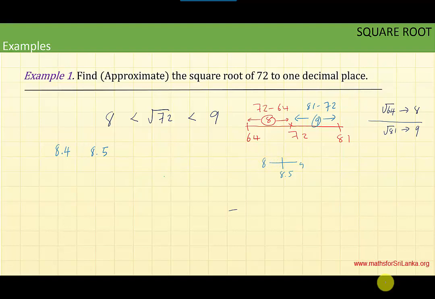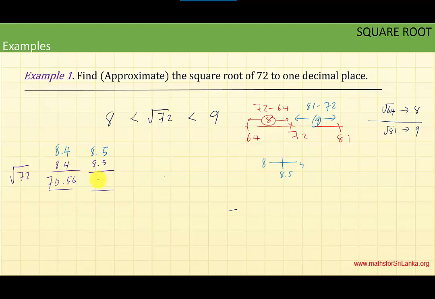Now we want to check the accuracy of what we get. What is the square root of 72 actually closest to? So 8.4 times 8.4, and say 8.5 times 8.5. 8.4 times 8.4, I got 70.56.